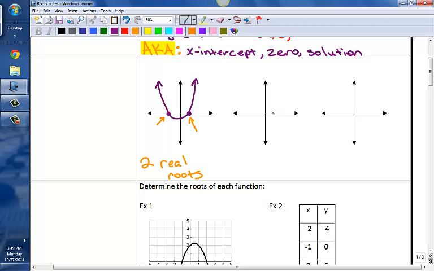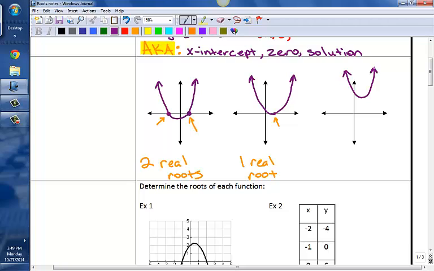Secondly, we might have a parabola where only the vertex touches the x-axis, like this. If only the vertex is touching, then we have only one solution, so one real root. The last option is, what if your parabola doesn't touch the x-axis at all?